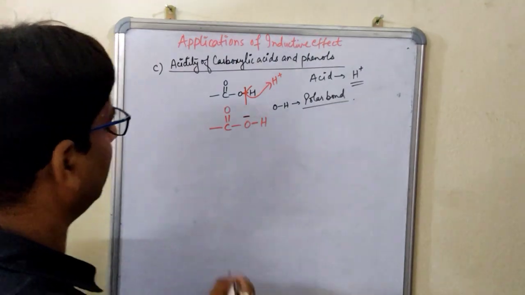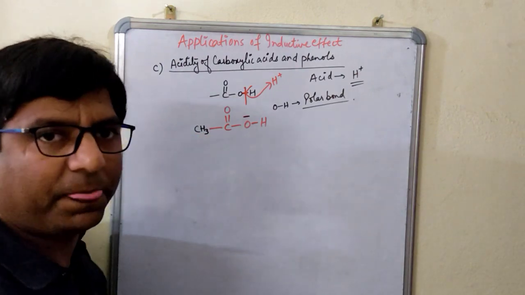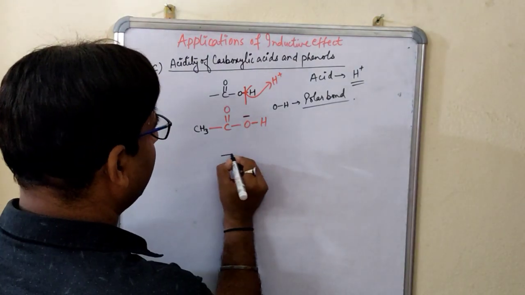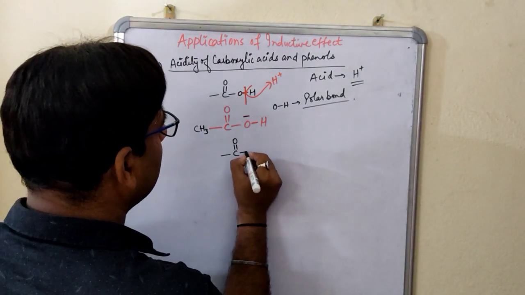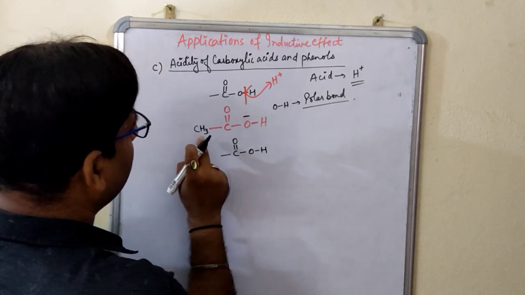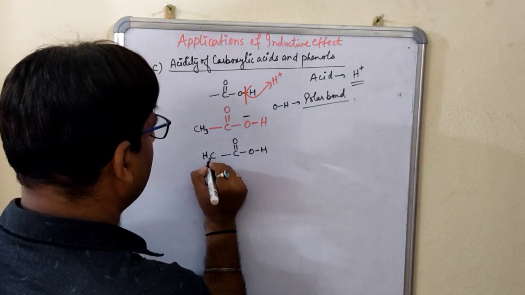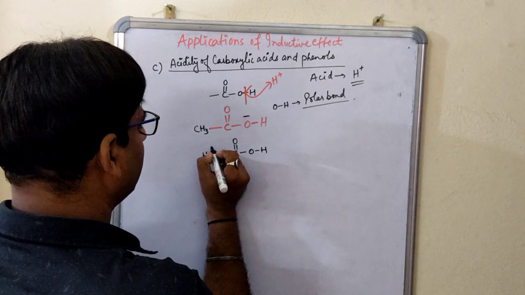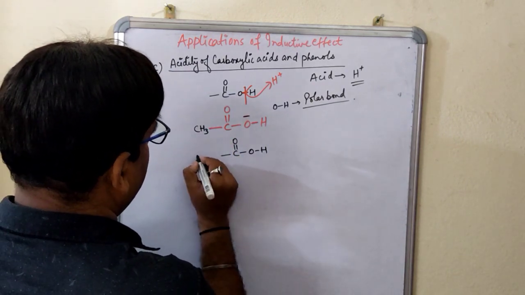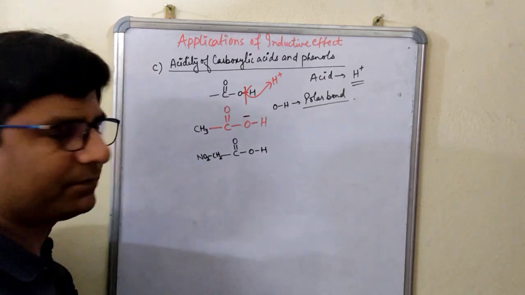How can we do this? Now let us see one example. Suppose I am putting here CH3, right? I am taking one more instance. For example, COOH, and suppose I am replacing one hydrogen of it, and I am writing here NO2 CH2, like this.